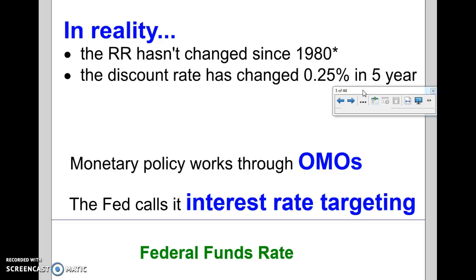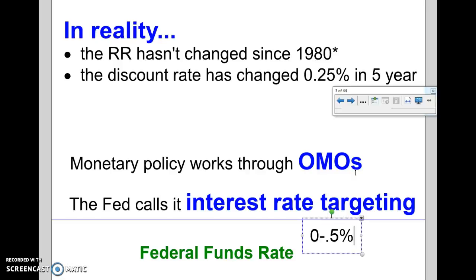And what they do is they can't specifically say this is going to be our interest rate. What they do is set an interest rate target. And so they say they want their federal funds rate, the rate at which banks can trade with each other, to be in a certain range. What they did most recently, they set a range between 0 to 0.5%.